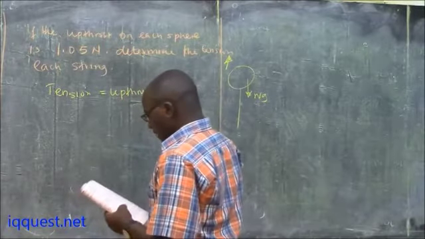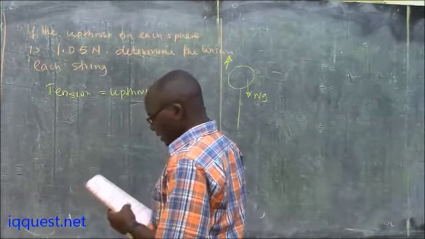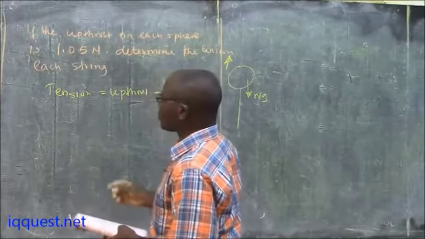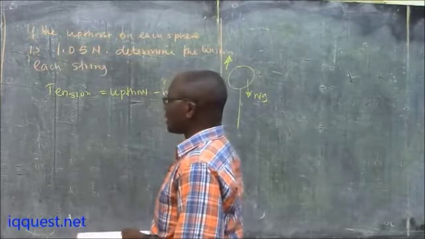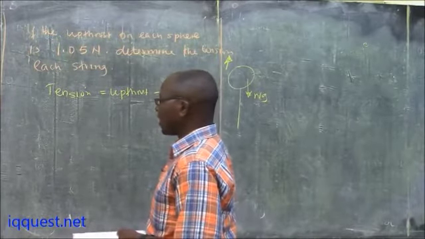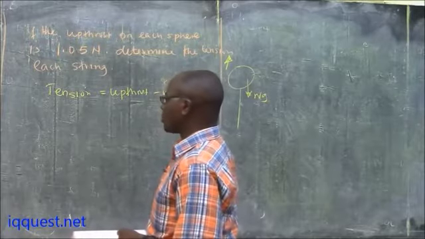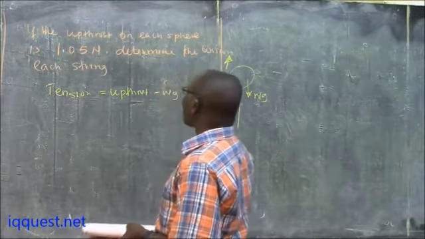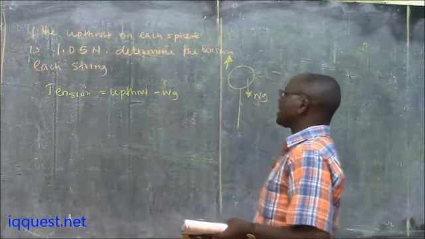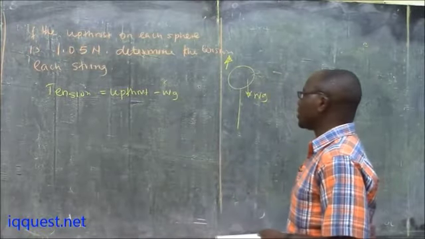Therefore we have the upthrust, and we are told the figure shows two spheres made of wax, each of mass 0.02 kgs and held by two strings A and B. If the upthrust on each sphere is 1.05 newtons, determine the tension in each string.